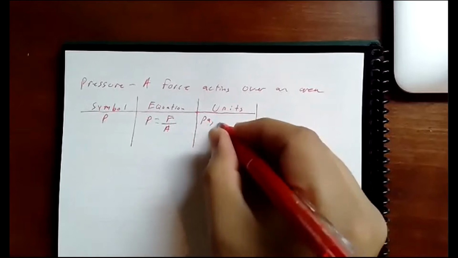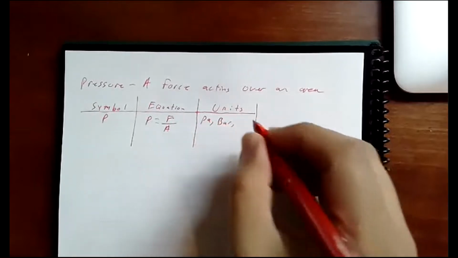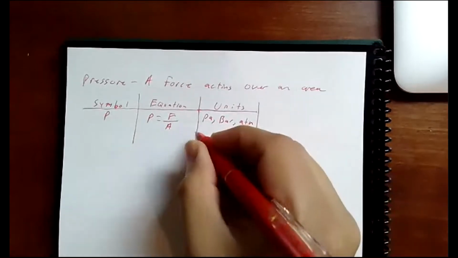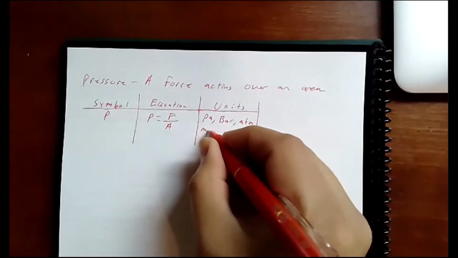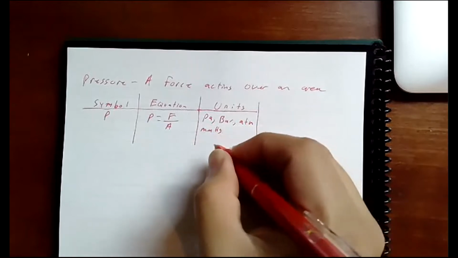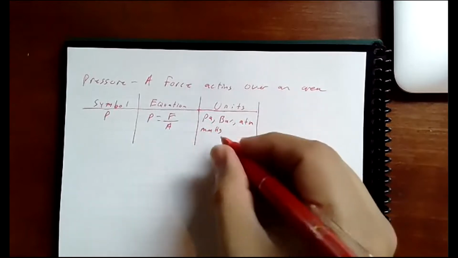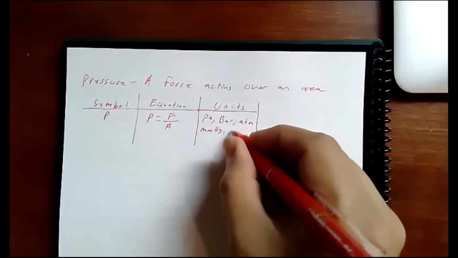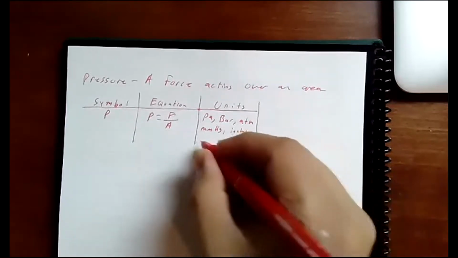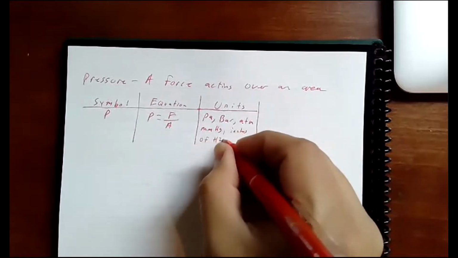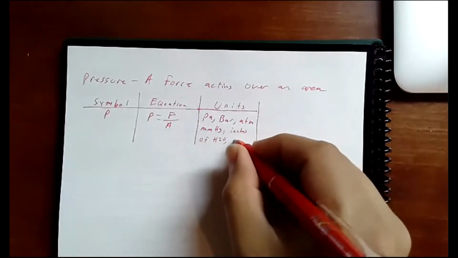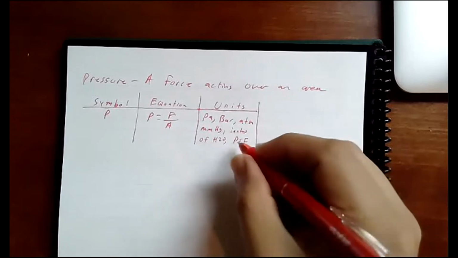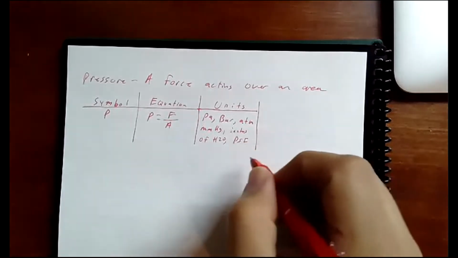PA, pascals, BAR, ATM is atmospheres, millimeter HG, there's another one, inches of H2O. And of course we have PSI, which is the one we're used to in America. I believe it's pounds per square inch, PSI.